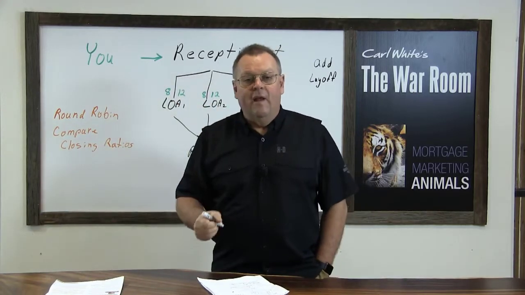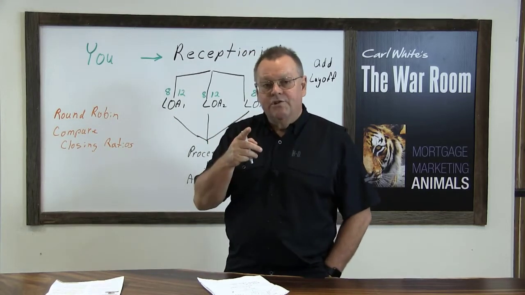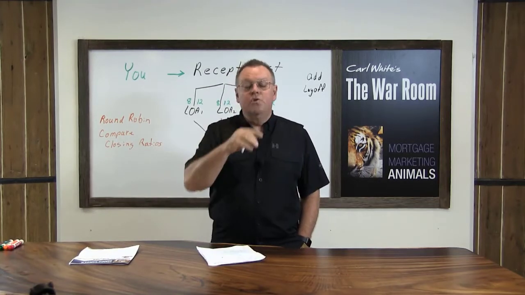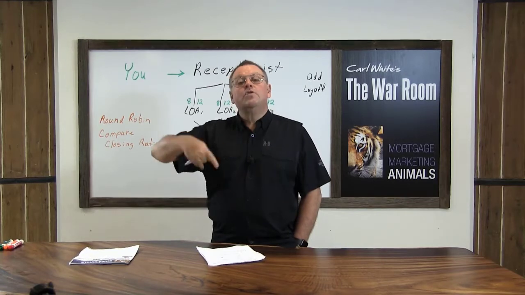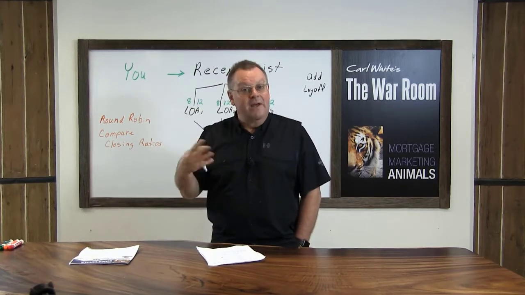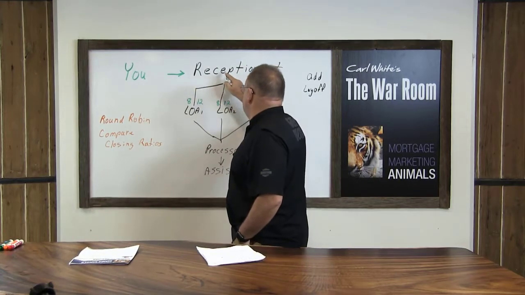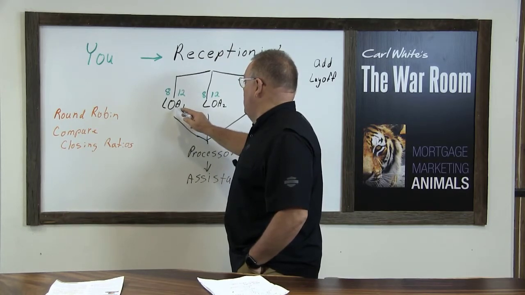He's going to move you to the front of the line, and he's going to start helping you. He's going to take your application, and then he's going to give that information back to the loan officer, and then the loan officer is going to call that client back and sell the deal, right? That's how we sell this. So the receptionist answers the call. Let me speak to the loan officer. It goes to loan officer assistant number one.